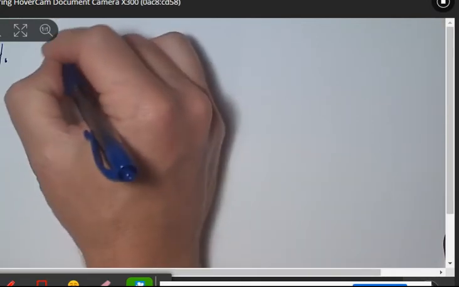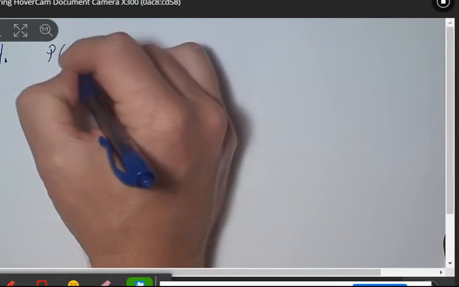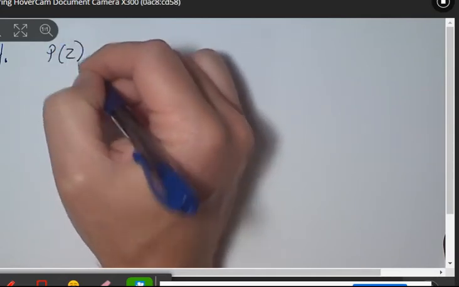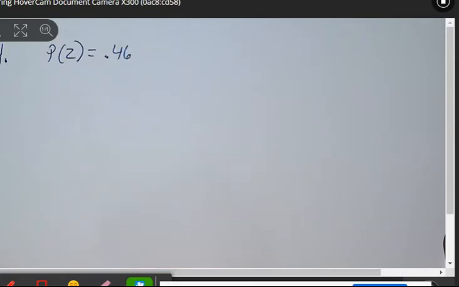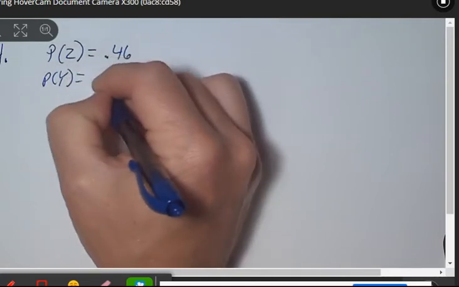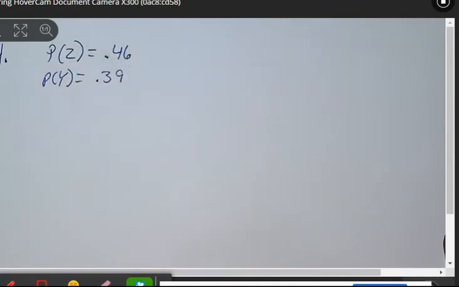Okay, so for 14, another one of those where they give you another Venn diagram. So we got P of Z is equal to 0.46. P of Y is 0.39.